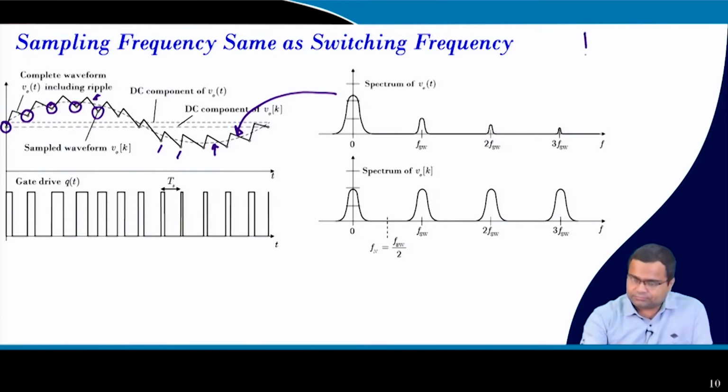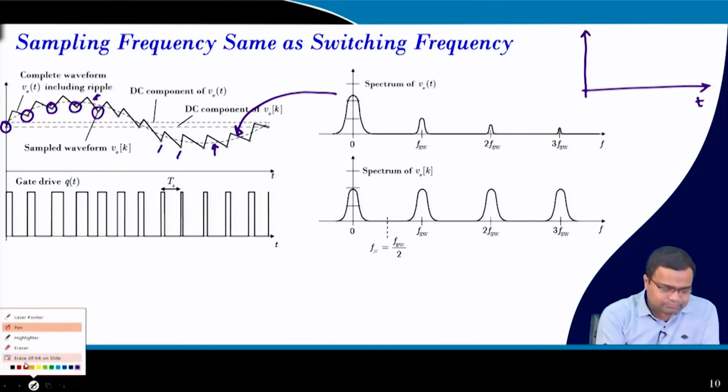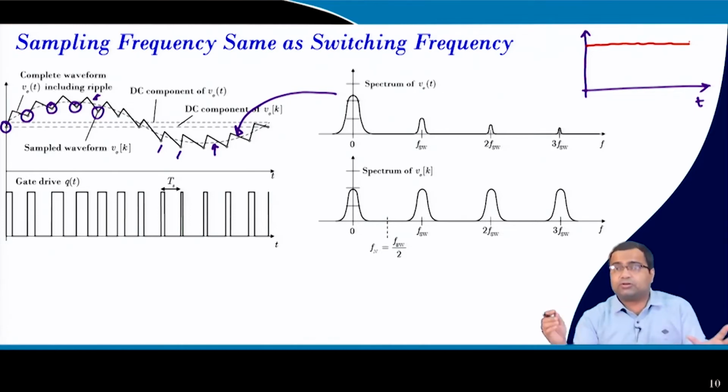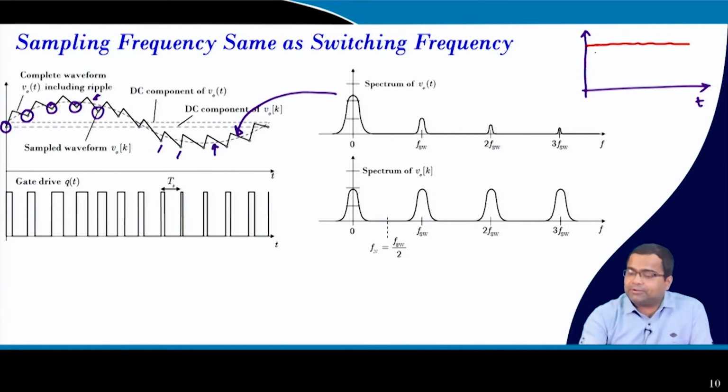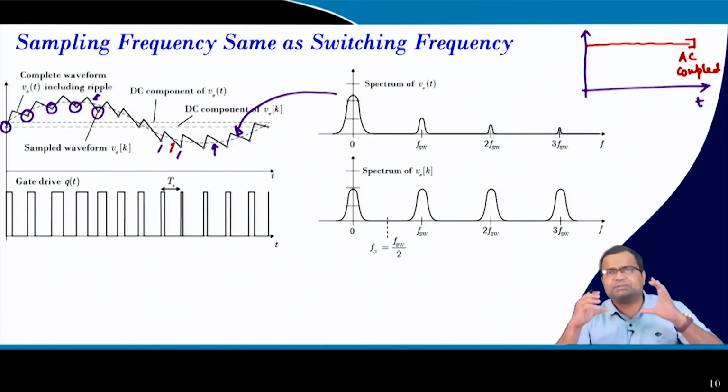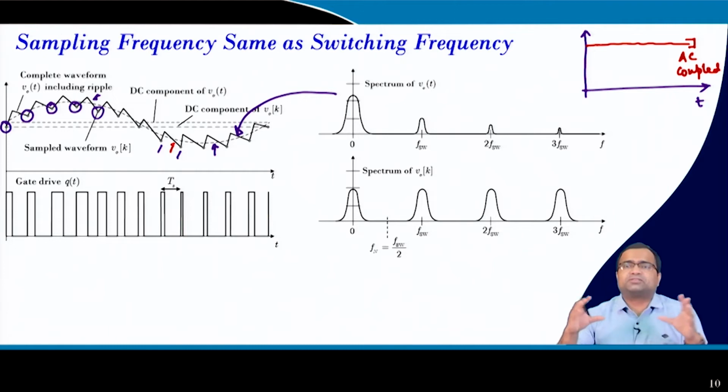Ideally, in the time domain waveform, if we take a division like 1 volt or 2 volt on the oscilloscope, we will simply see a flat output voltage. But if you go to AC couple mode and zoom in on this part, you will find these ripples, and generally these ripples are around 2% of the steady state value.